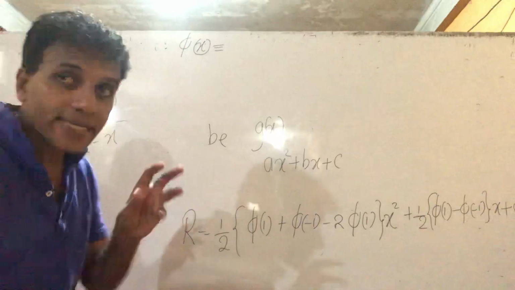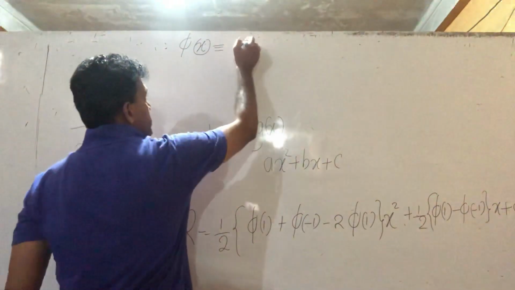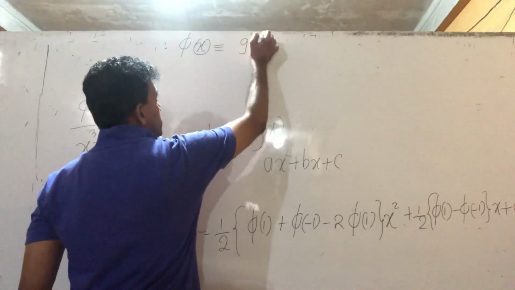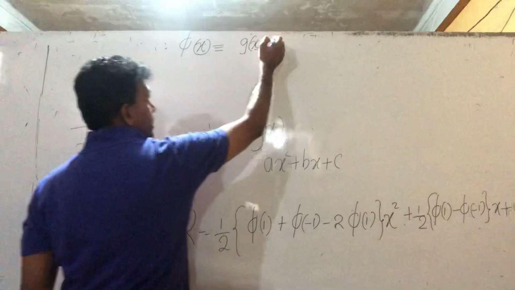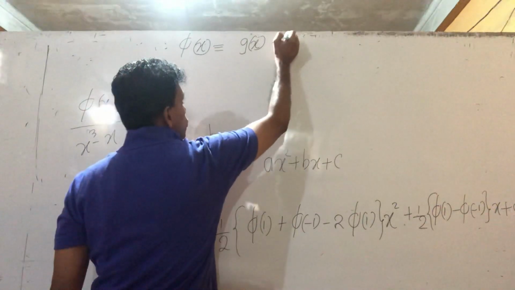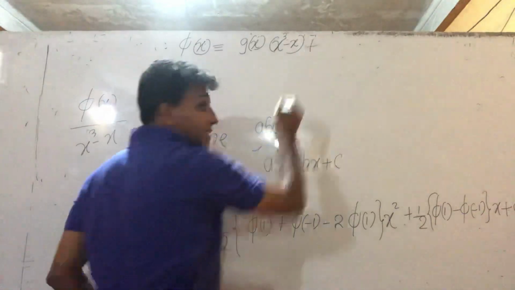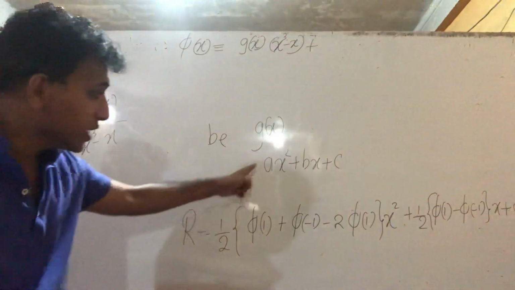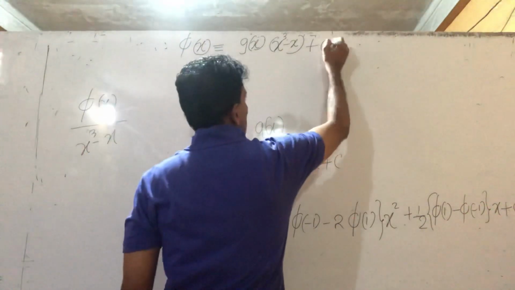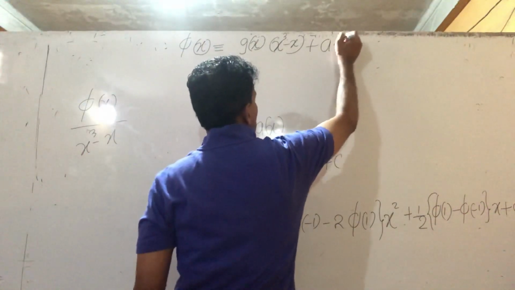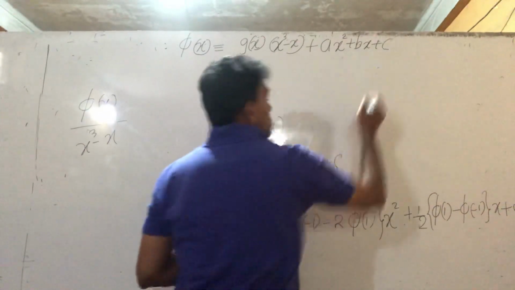Therefore, phi of x can be shown as answer into divisor: the answer g of x into the divisor x cube minus x, plus the balance ax square plus bx plus c. That is the method.